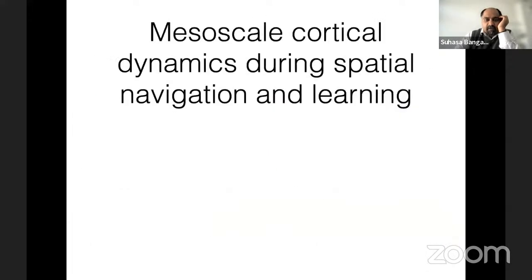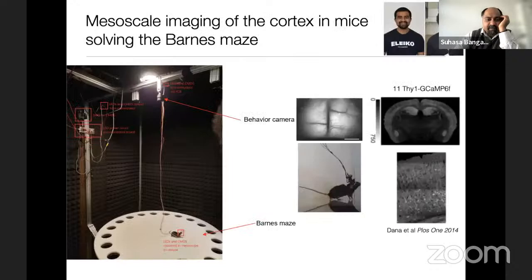And we've been using these kinds of technologies to look at how multiple cortical regions are being flexibly used during spatial navigation and learning. And so here's a behavioral arena, which is like the classic Barnes maze, where a mouse is introduced into this brightly lit and somewhat unfamiliar area where it has to learn to navigate to one of these holes, which has a safe hiding spot, and the rest are dummy holes, right?